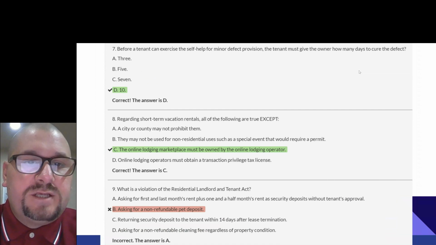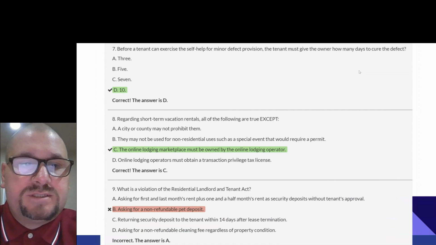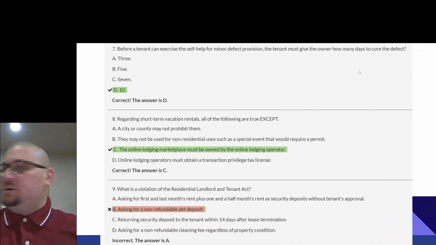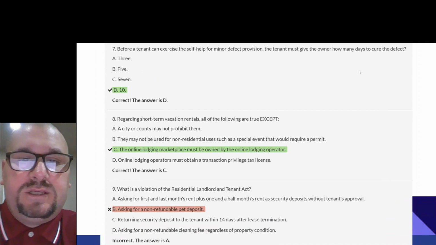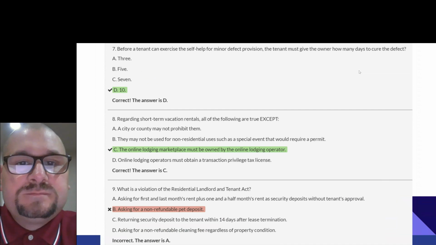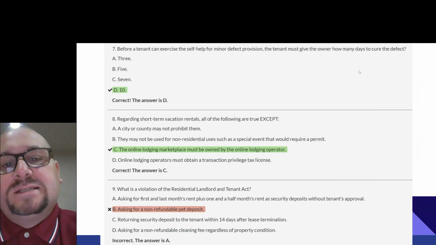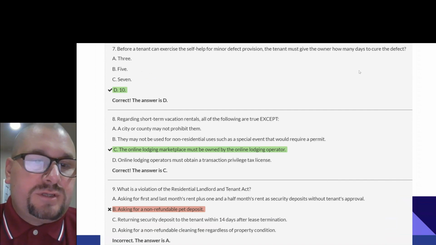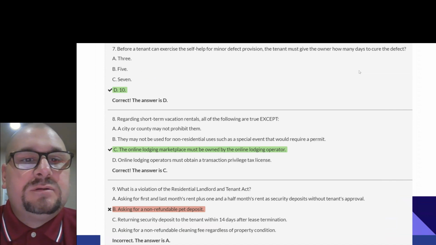Regarding short-term vacation rentals, all the following are true except what? C, the online lodging marketplace must be owned by the online lodging operator. So that is not true. A city or county may not prohibit them.